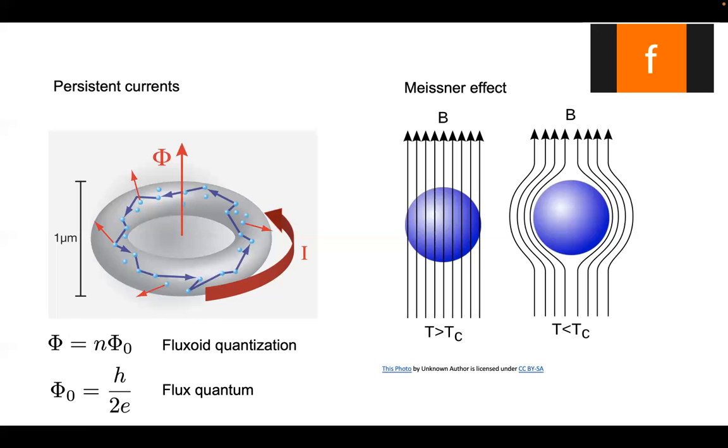There is a fundamental quantity, the flux quantum, phi naught, which is the Planck constant over twice the electron charge. So this is a fundamental constant, made of fundamental quantities, like the Planck constant and the electron charge.